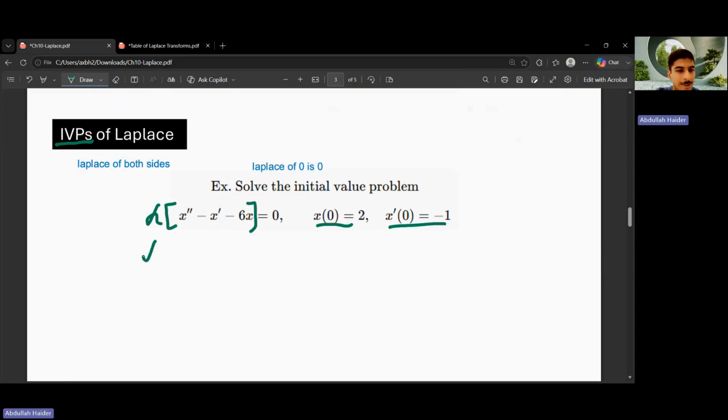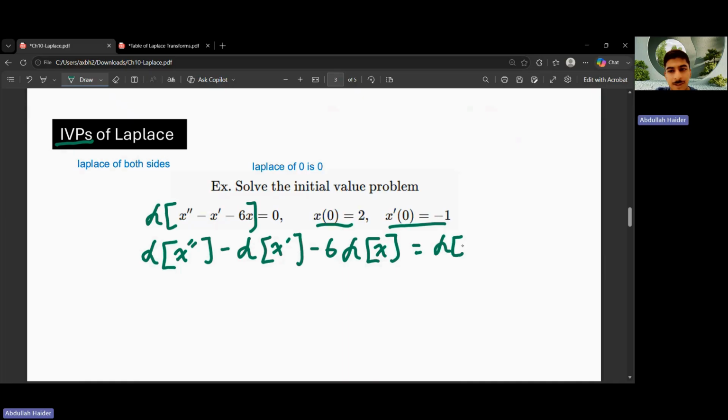We'll take the Laplace of x double prime minus the Laplace of x prime minus 6, always taking out the constant when finding the Laplace, minus the Laplace of x equals 0.